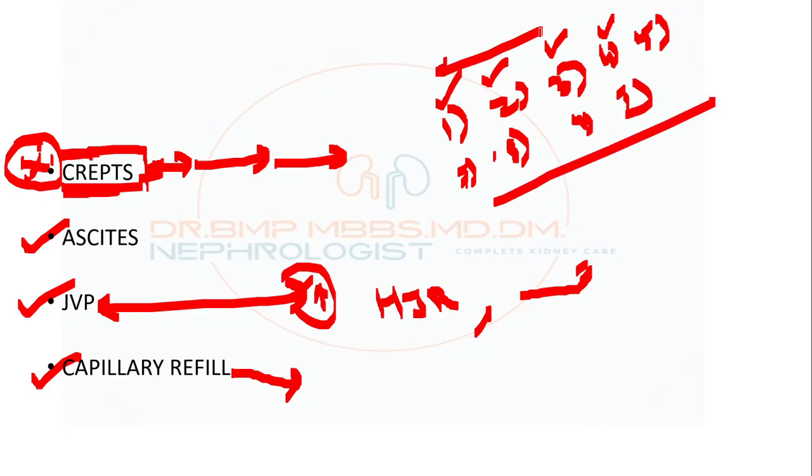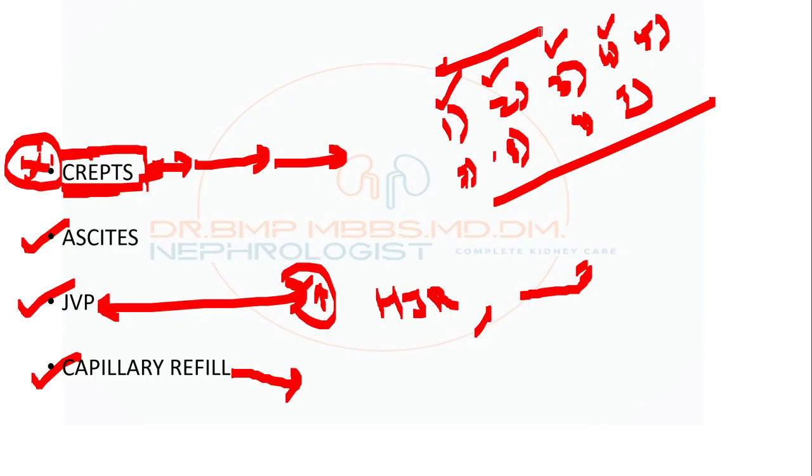If in the context of the history along with the examination findings you find the patient's JVP is elevated, history is also matching, and the patient's output is not there, most likely you can very well catch a case of overload or even a depletion using these parameters.